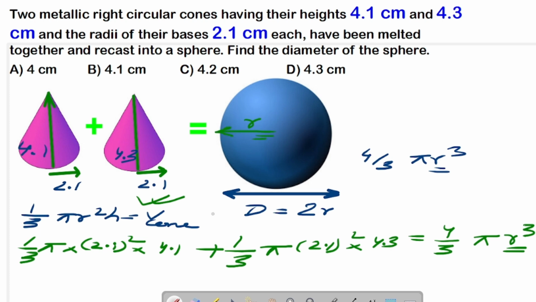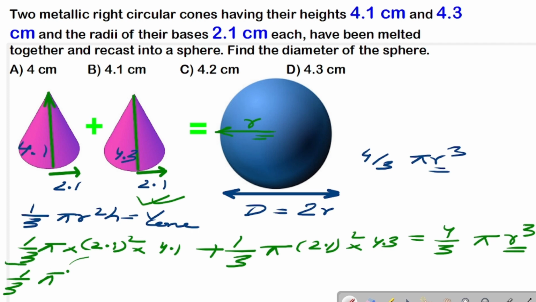Now just solve it. What we will do? We will take some common. How? Let us see. We will take 1 by 3 pi common, both in here also and here also, both the terms of the LHS. And even we can bring 2.1 square as common, right?